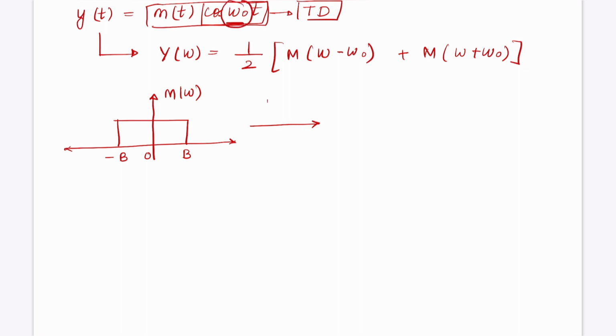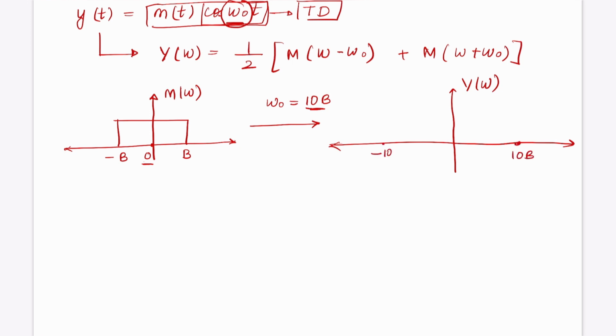Here, omega naught is given as 10B. So, the new signal will shift by omega naught. So, this 0 will shift to 10B and minus 10B. This B will become plus 10B, total 11B.